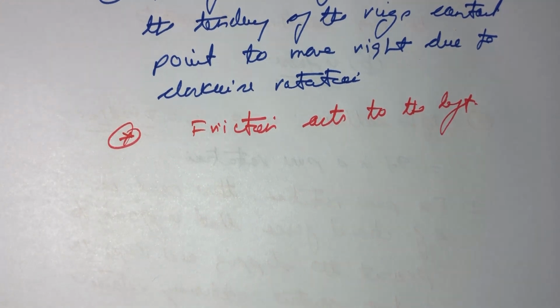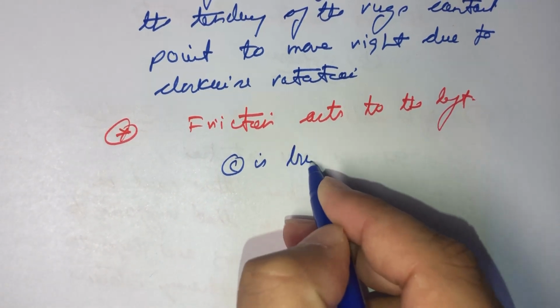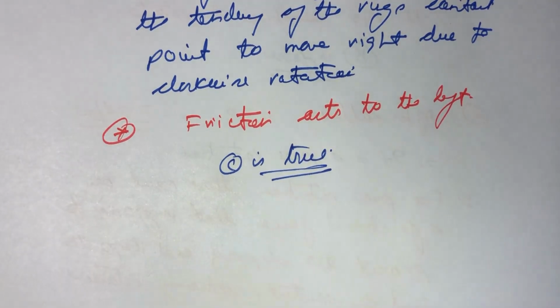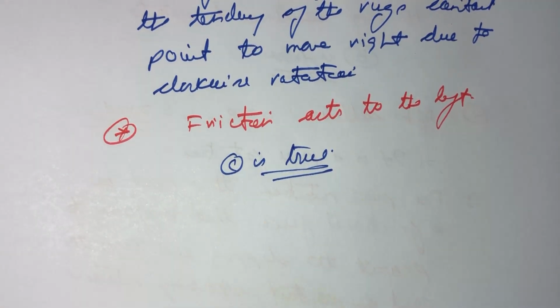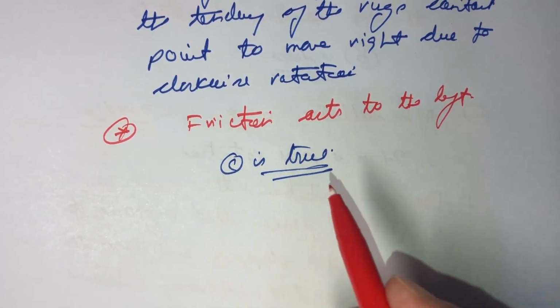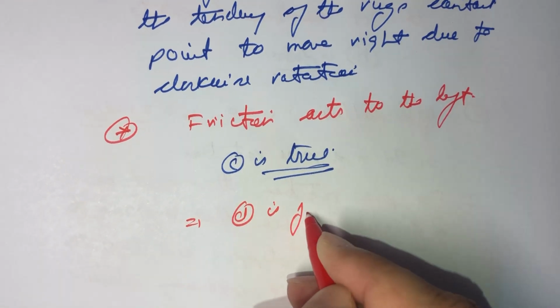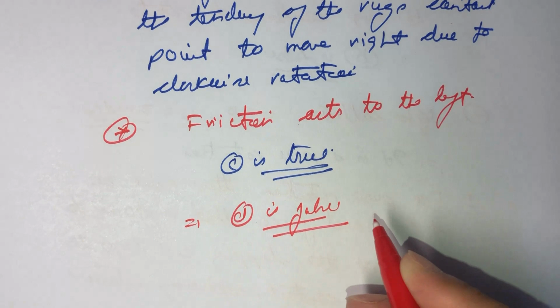So option C is true. And since C is true, obviously D will be false because it says that no friction will be acting.